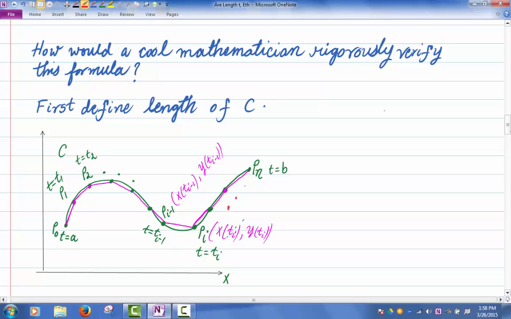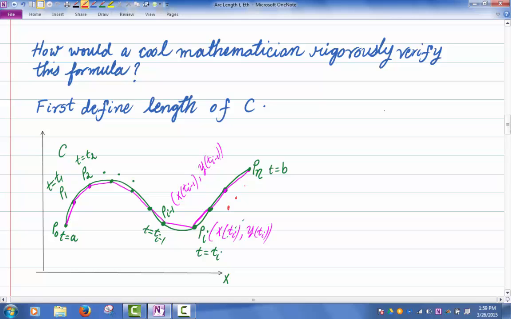Remember, x of t and y of t are the functions for the x and y coordinates. So P_i would be x of t_i, y of t_i. What are the coordinates of P_{i-1}? P_{i-1} is achieved at time t_{i-1}. So P_{i-1} will have coordinates x of t_{i-1}, y of t_{i-1}.